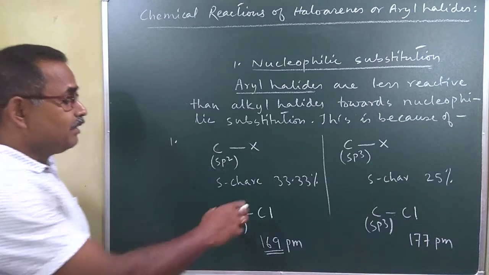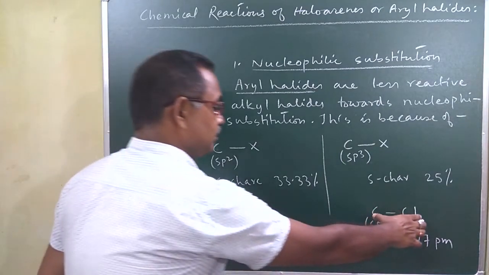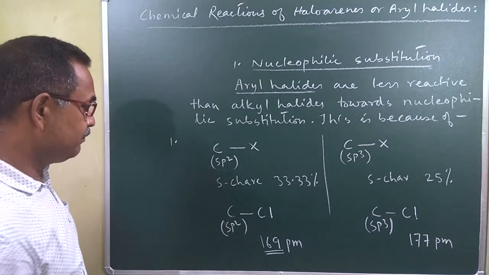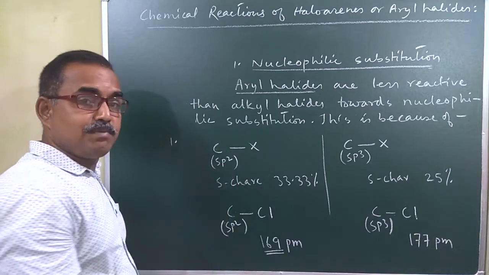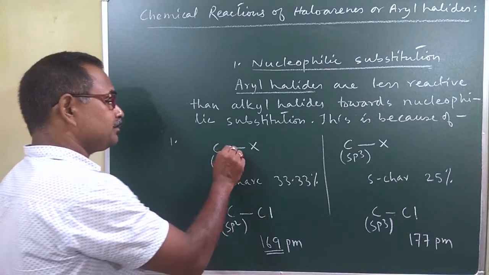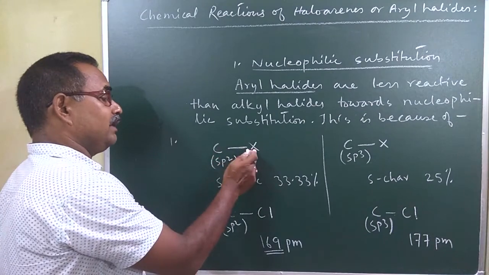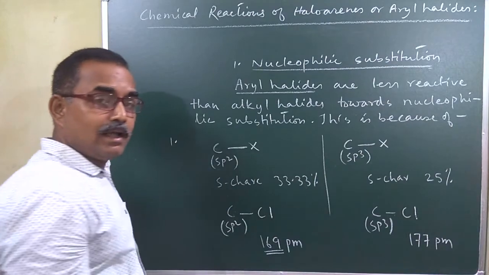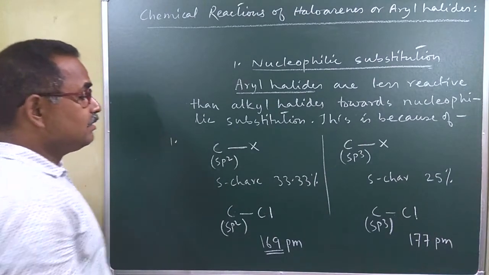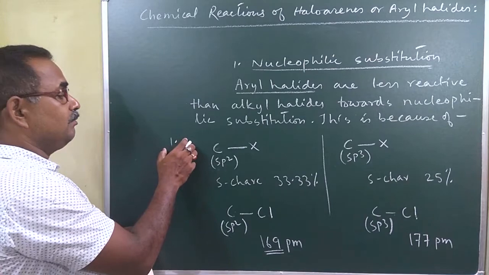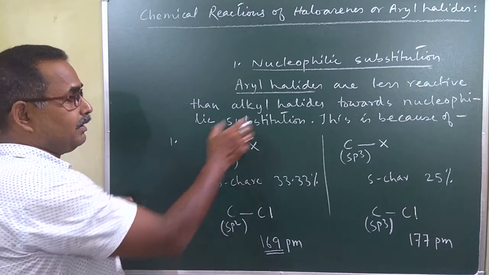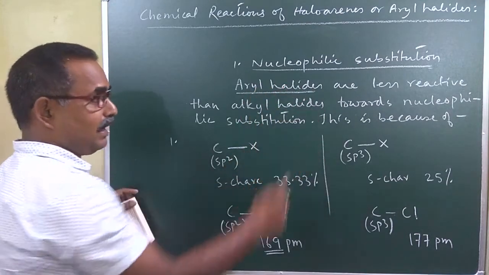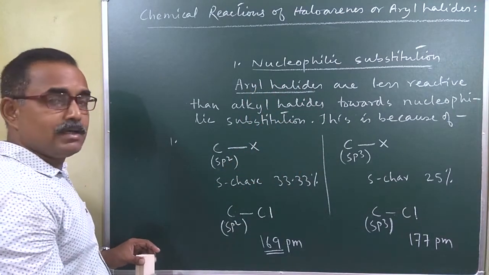As a result, this bond will be stronger compared to this bond, because a shorter bond will have higher strength, and a stronger bond is difficult to break. So we can say the carbon halogen bond in aryl halide is more stable compared to that in alkyl halide. This is the first factor regarding the difference in reactivity of aryl halide and alkyl halide towards nucleophilic substitution.